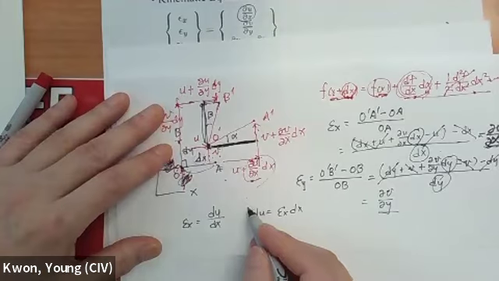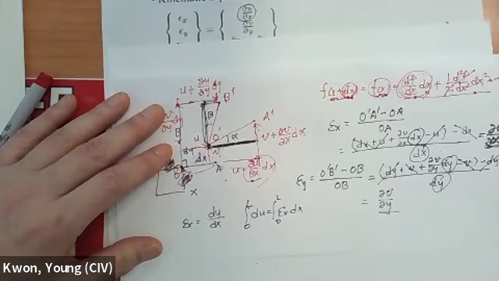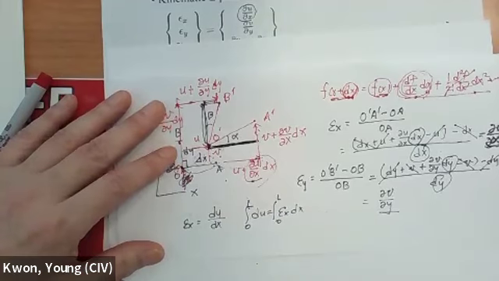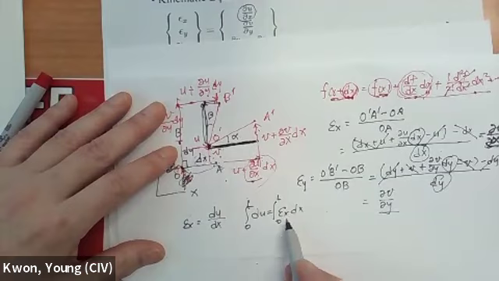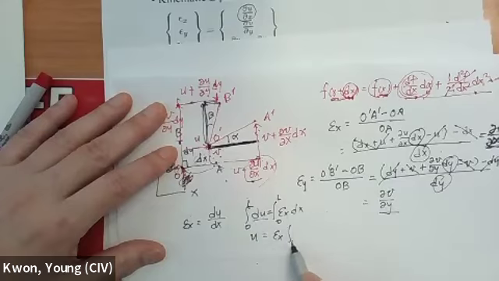Now, if you take the integral from 0 to L along the length of the member, and epsilon x is constant, okay? Strain is constant, what do you get? The integral of du is going to be delta u, and that's epsilon x times the integral from 0 to L of dx.